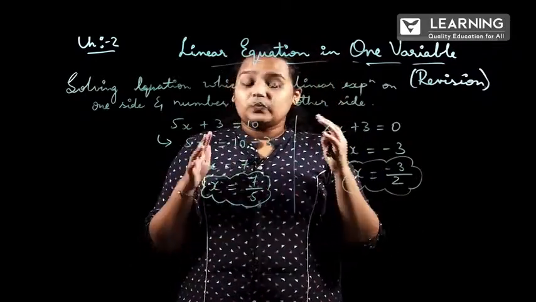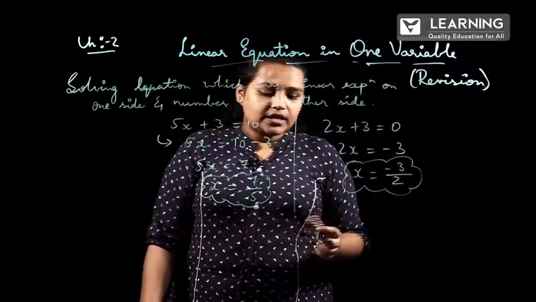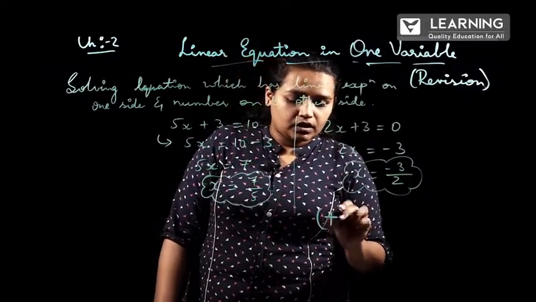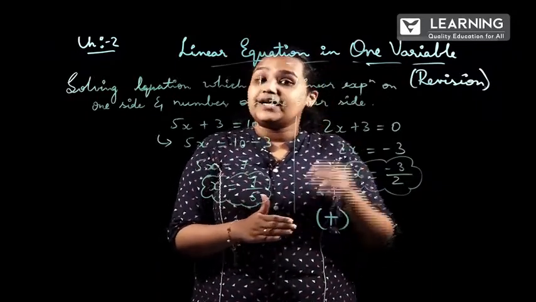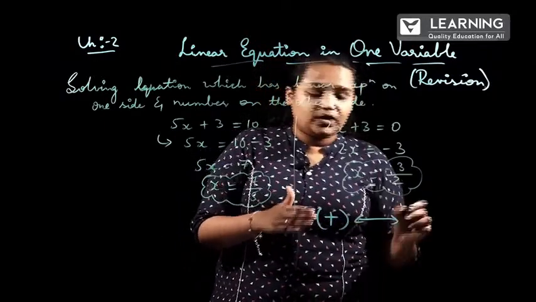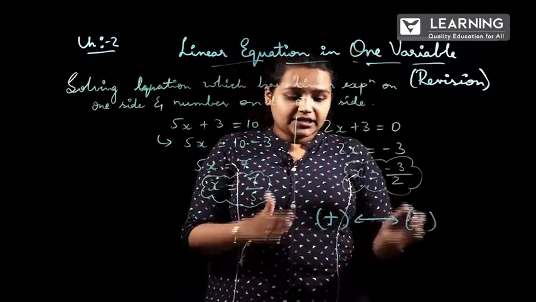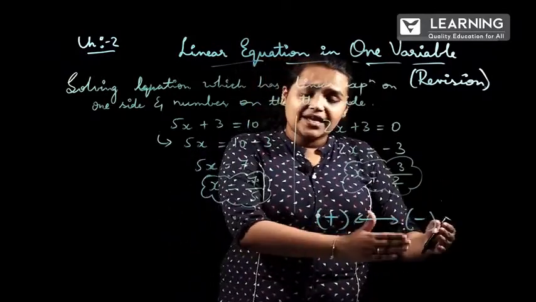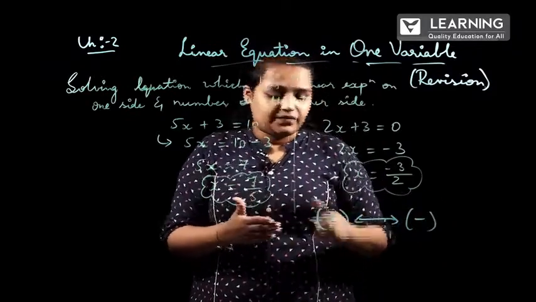So, here what you have to remember, which is very important, is that when we are shifting any number or any variable from one side to the other side, if it is positive, after shifting it will become negative, the sign, okay? And it is vice versa, like if it is negative on one side, when we are shifting to the other side, it will be positive.